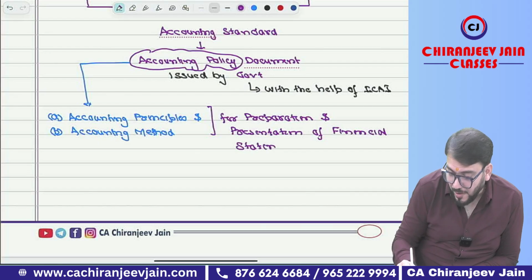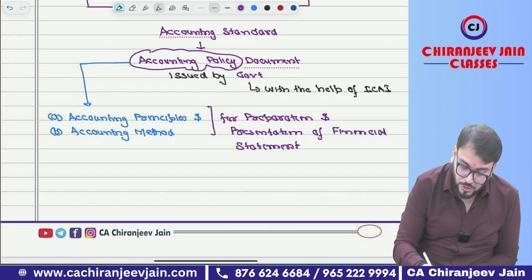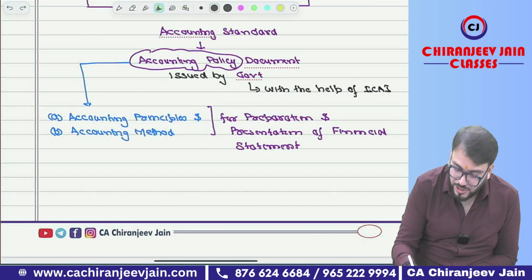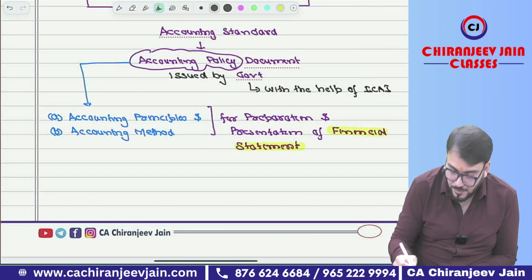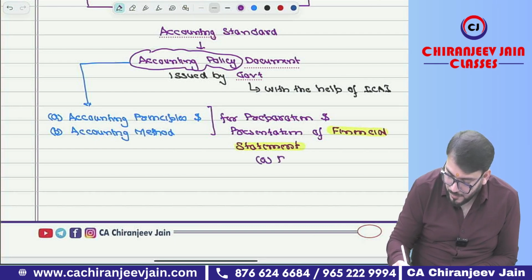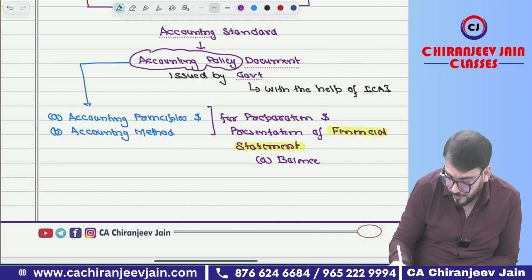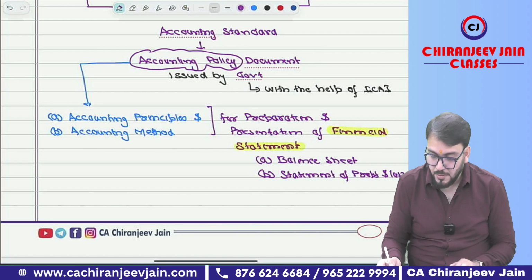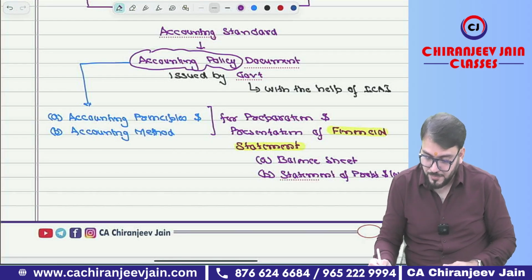So what are our financial statements? When I say financial statement, what does it mean? The financial statement means point number A, balance sheet. Point number B, statement of profit and loss.